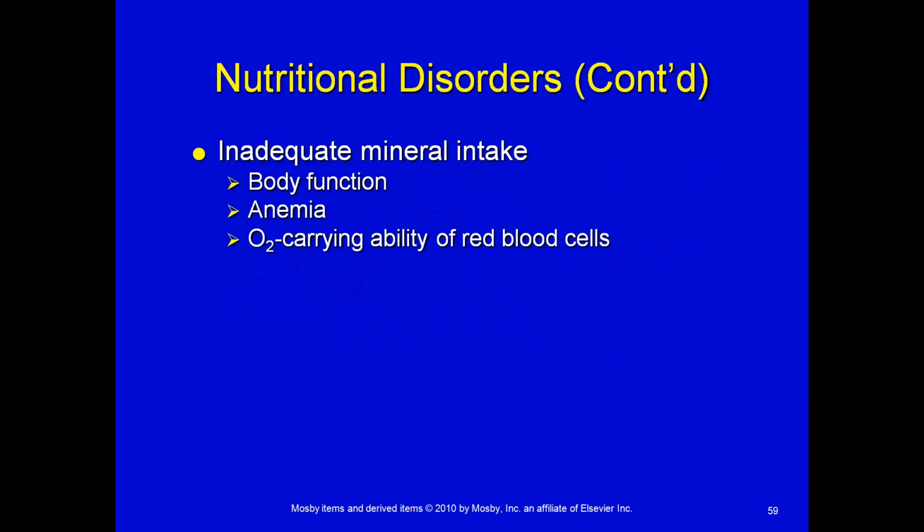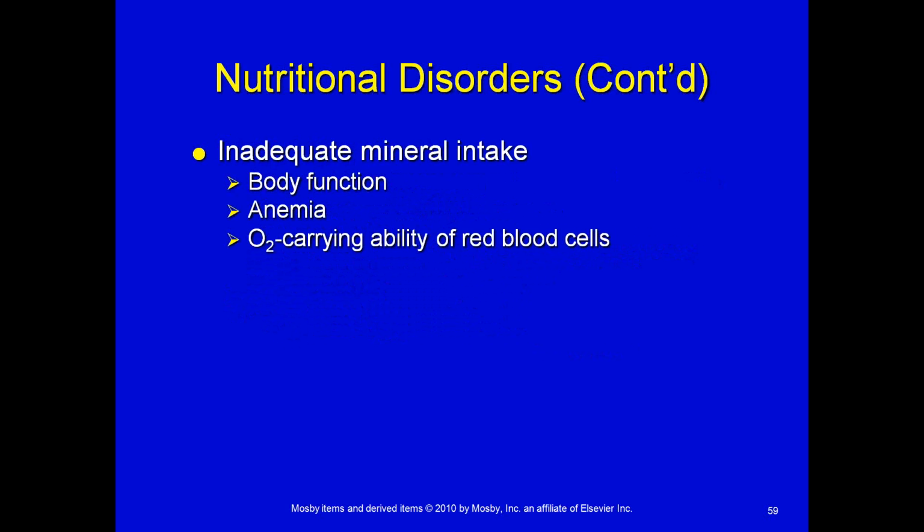Inadequate mineral intake. Minerals are certainly important to body function, iron being one of the minerals that's important. Those who lack iron, who have iron-poor blood, are said to be anemic. And with anemia, you don't have an adequate number of red cells, and red cells are important for hemoglobin, and hemoglobin is an iron-containing molecule.